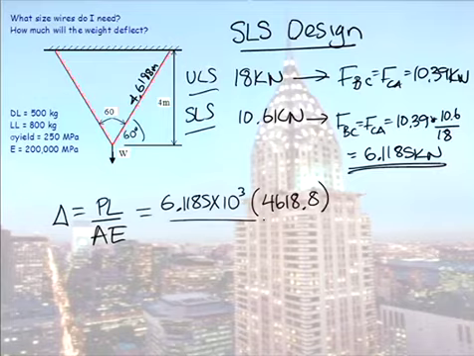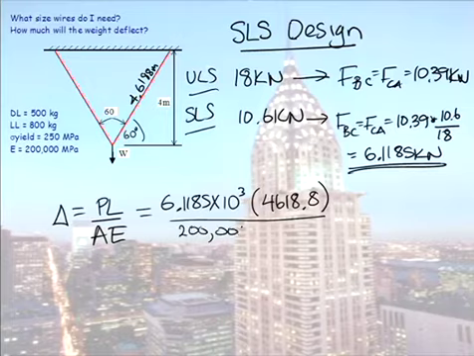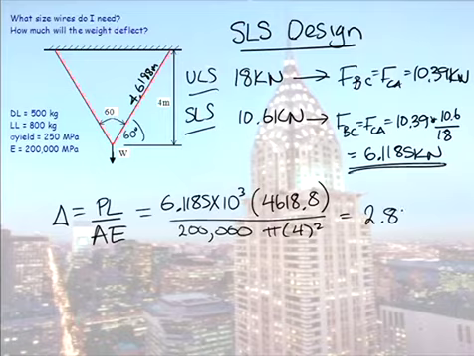I'm working in millimetres. This is a steel rod. The area now, what we're going to do is put in the area we require for strength. So we're going to put in our pi 4 squared. And that gives us a deflection of 2.811 millimetres.